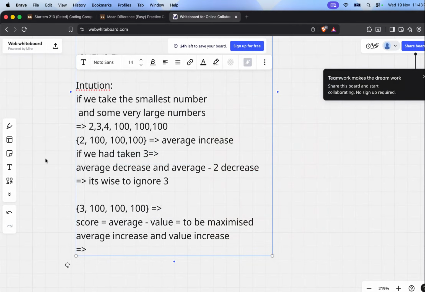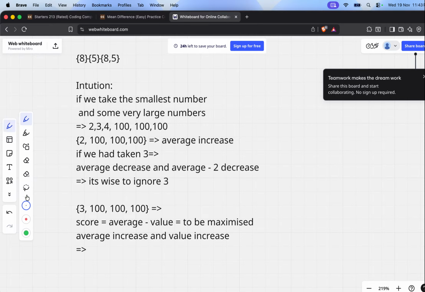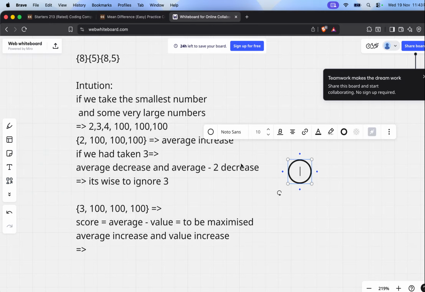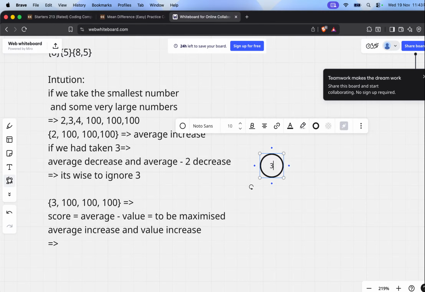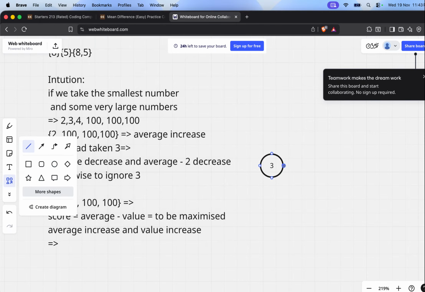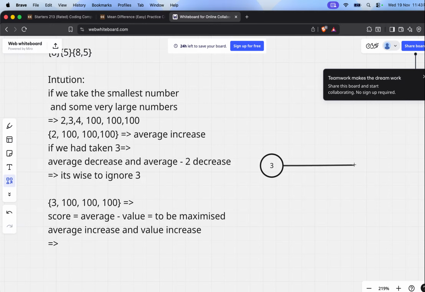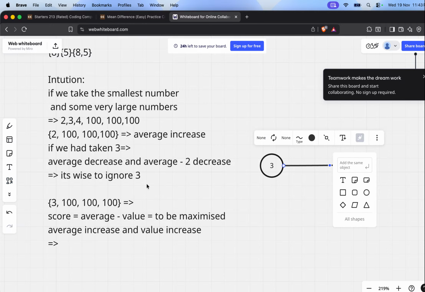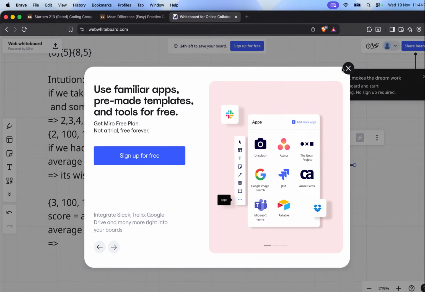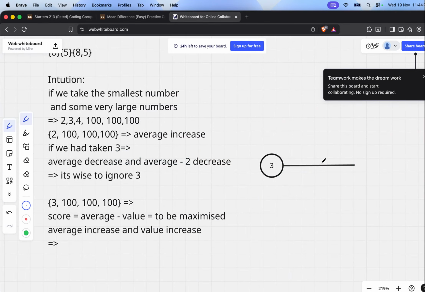Let's understand with visualization. Let's say there is a 3 here, and there is a rope which is being pulled, and the center of this rope is termed as the average.